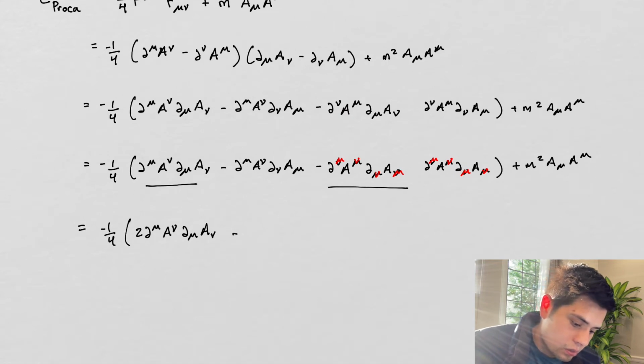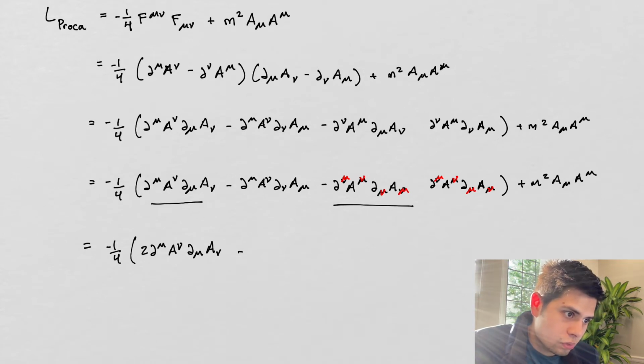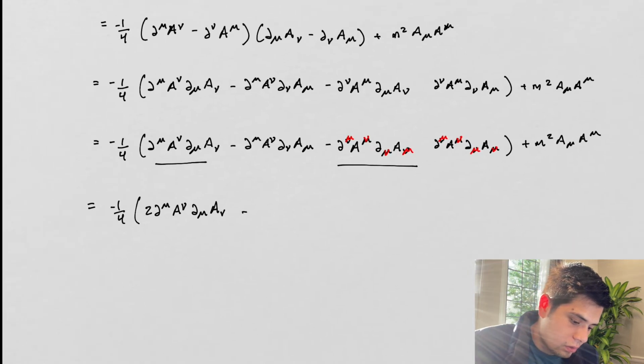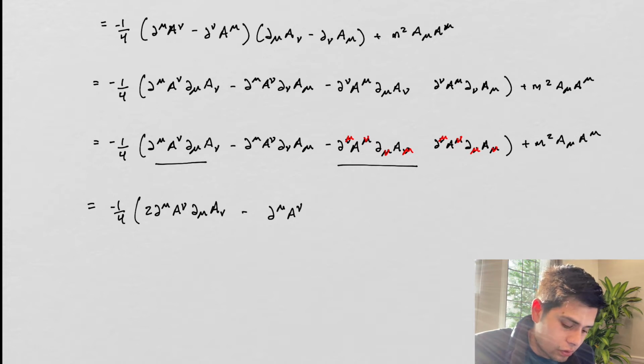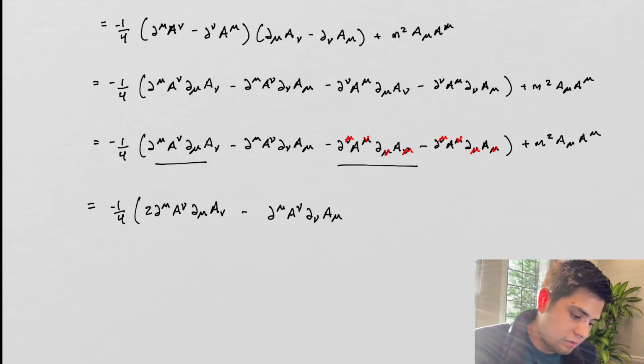Because, let me see here. So what we're going to get here actually is d mu A nu d nu A mu, and these were supposed to have been minus signs, I believe, when we switched over those dummy indices.